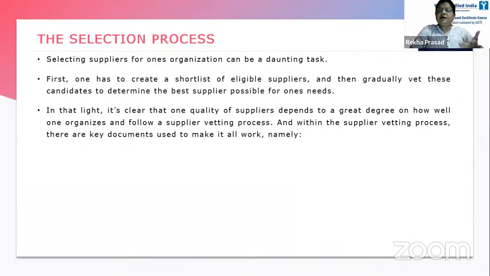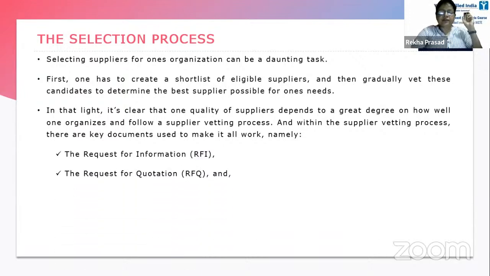So what are the documents which are required? The request for information or RFI, request for quotation. Suppose you want to buy screws, just a small example. Then what will be the dimension of the screw?